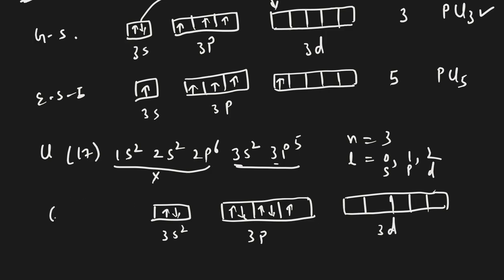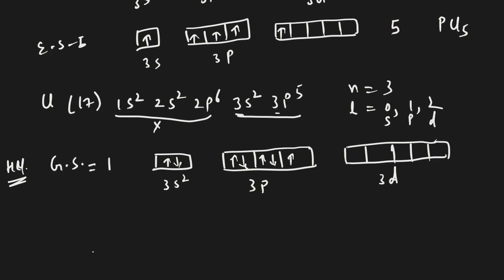So this is in the ground state. In the ground state you can easily see how many covalencies are possible. 1 is possible, right? Only one unpaired electron is there. That is why, for example, HCl is possible, where it has the covalency of 1.